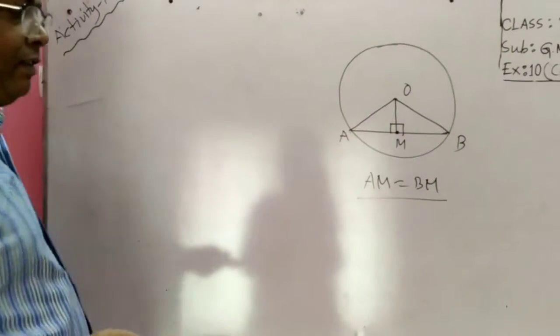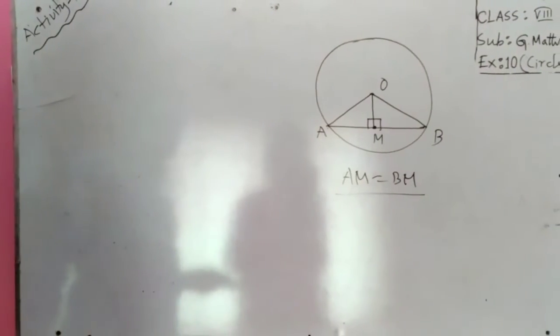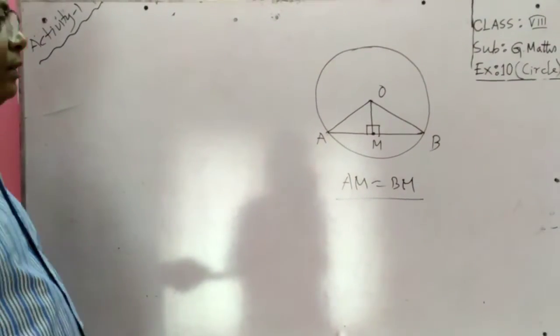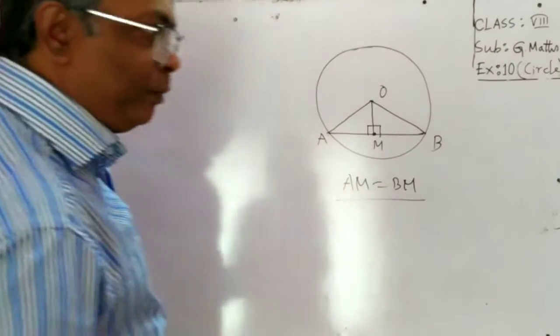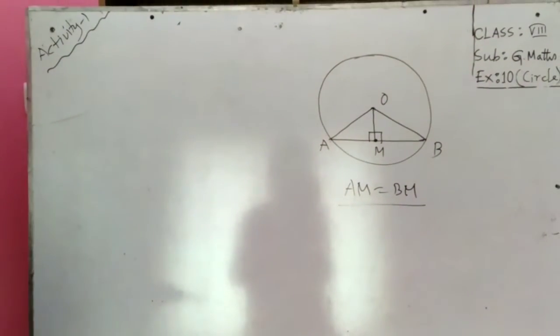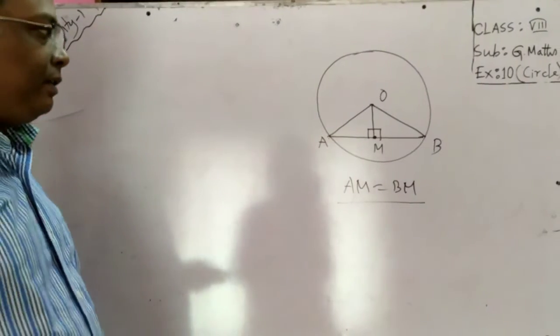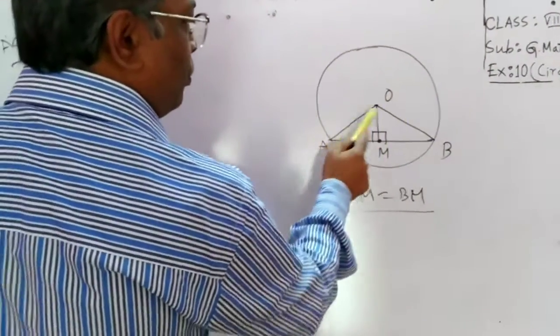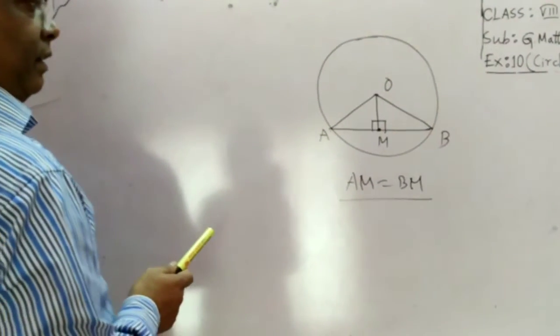So for right angle triangles, what is the congruence formula? HS theorem. HS theorem means hypotenuse and one side.